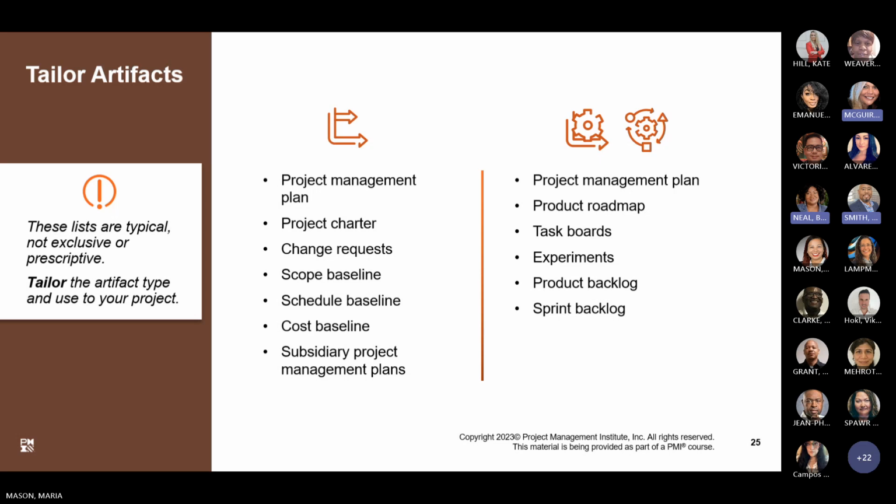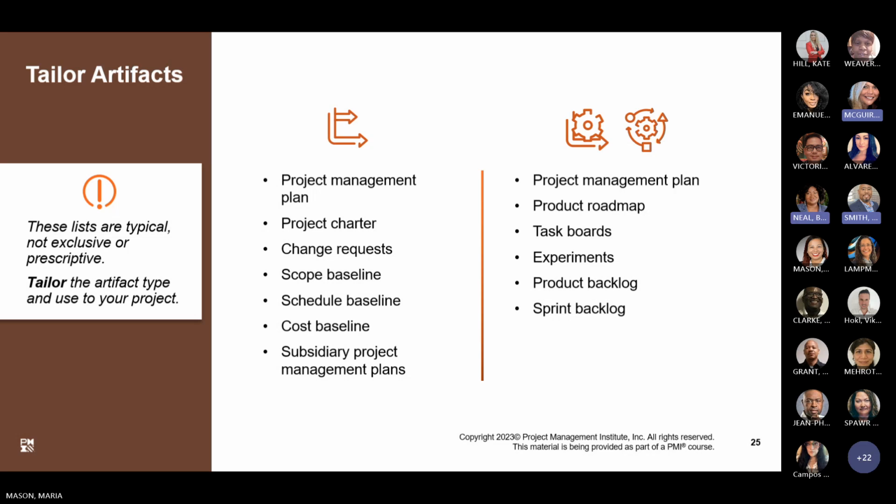Some of the key documents and artifacts that are part of a project are the project management plan. Of course, that's critical to the whole project. The project charter, change requests, the scope baseline, schedule baseline, cost baseline, and subsidiary project management plans.